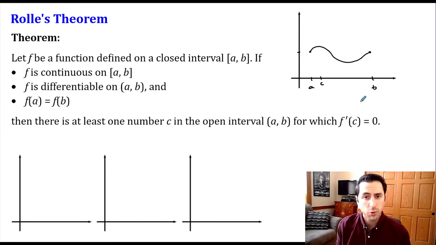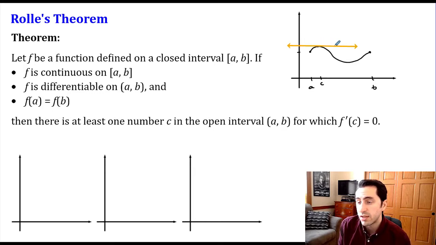That means that the slope of the tangent line is going to be 0, which means that we're going to have a horizontal tangent line at some point in between a and b. And as we can see here, I picked out a c that's going to be at this local maximum right here, where we would have a horizontal tangent line, meaning f prime of c is equal to 0.